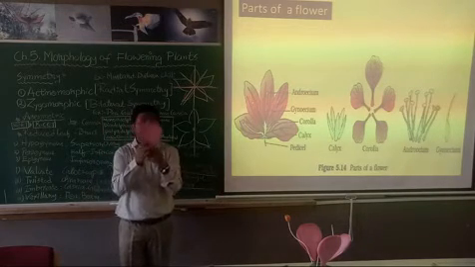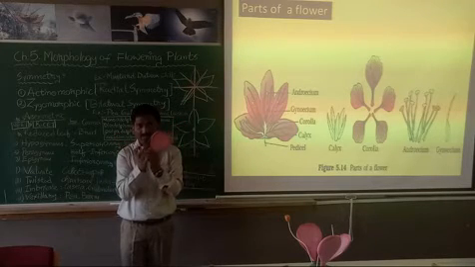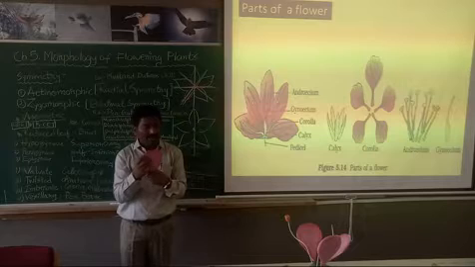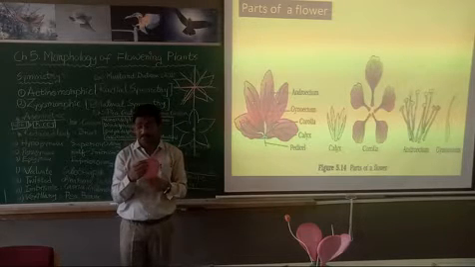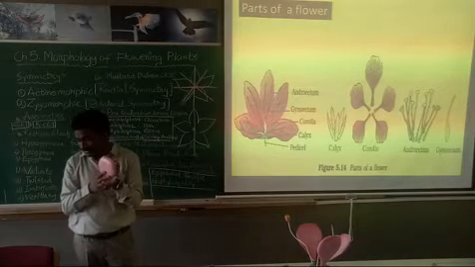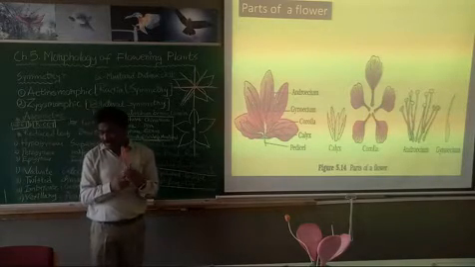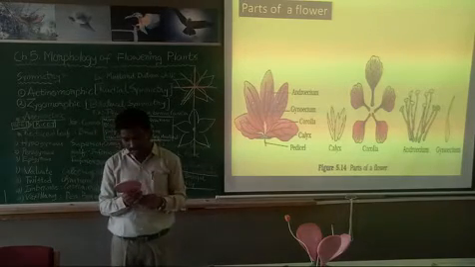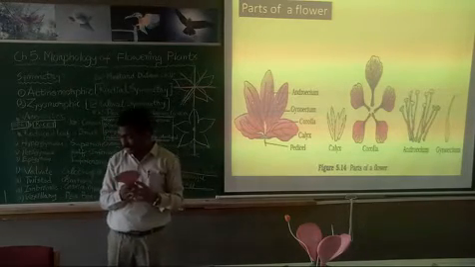In datura flower, all the petals are together and form a long tubular structure, and it also attracts the insects for the purpose of pollination. Then the nature is called gamopetalous. So here the petals are united as a long bunch to attract the insect for pollination.